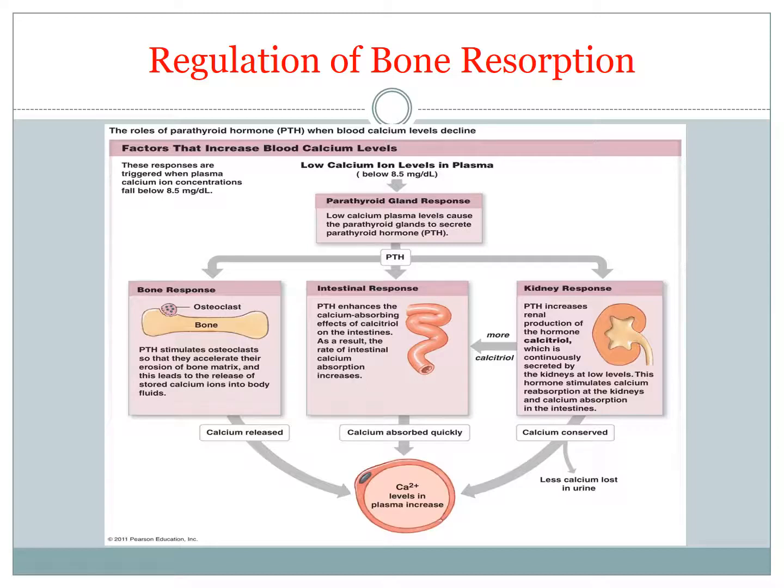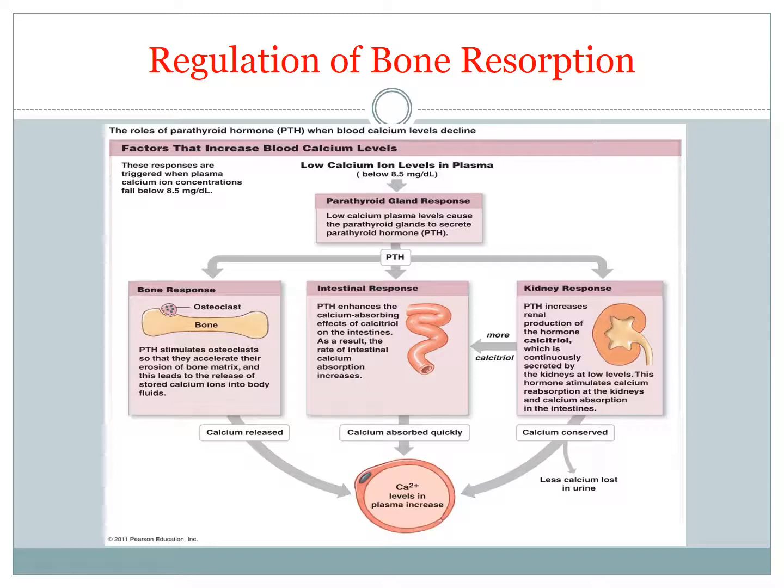So let's look at how bone resorption is regulated. Changes in the levels of blood calcium will trigger the release of either parathyroid hormone or calcitonin. If we have low blood calcium levels, known as hypocalcemia, the chief cells of the parathyroid gland secrete parathyroid hormone, or PTH.